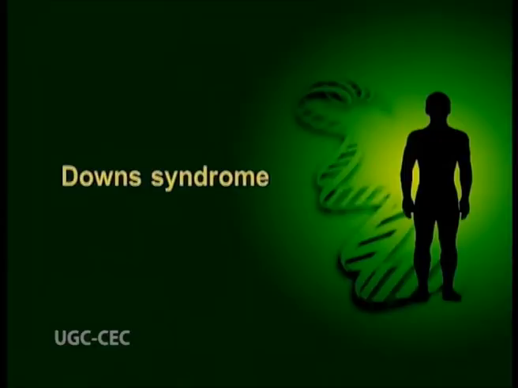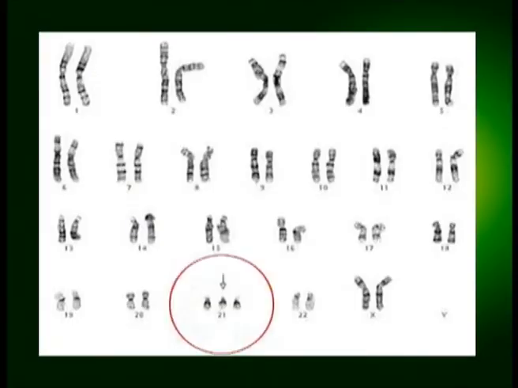The most common chromosomal aberration in terms of the numerical is Down syndrome. The babies generally born with Down syndrome will be carrying one additional chromosome 21.